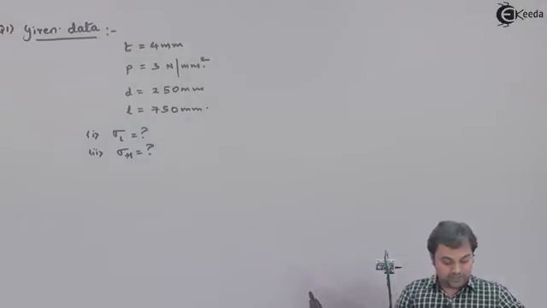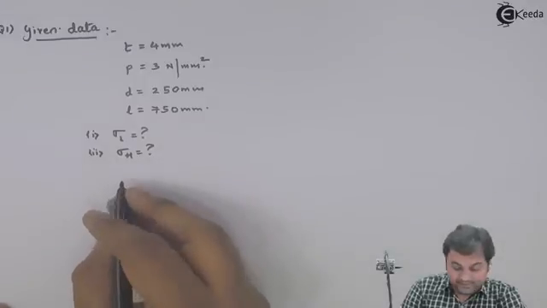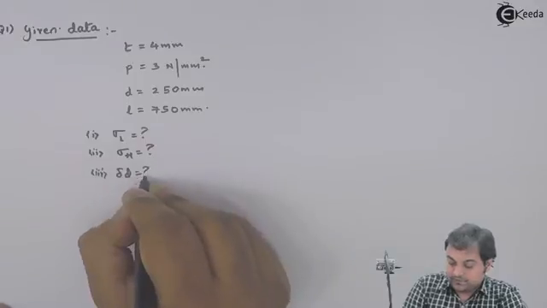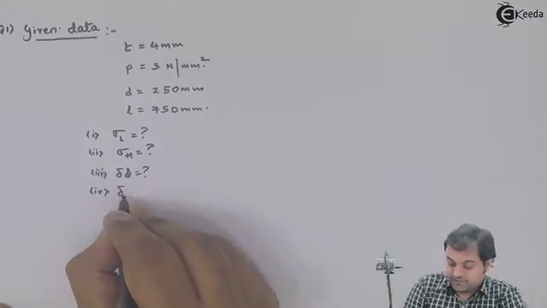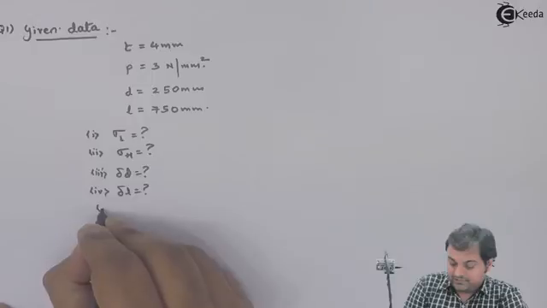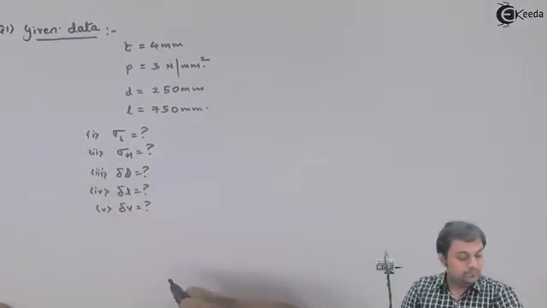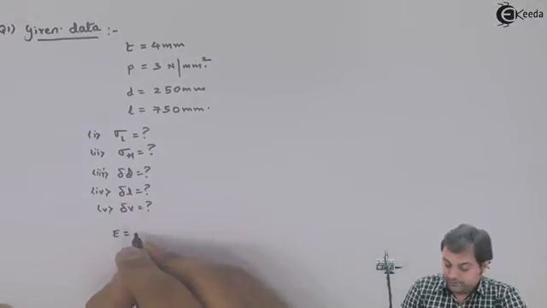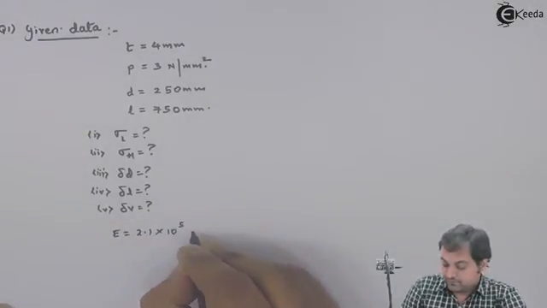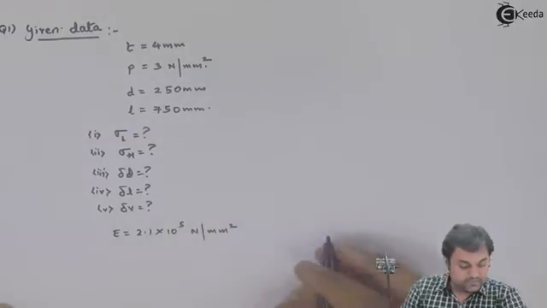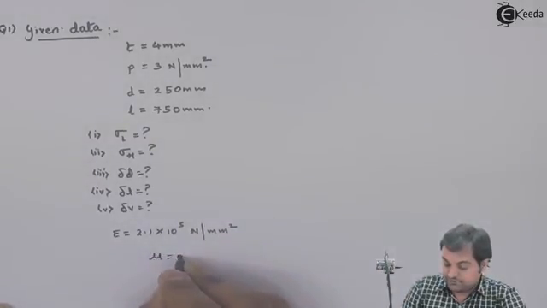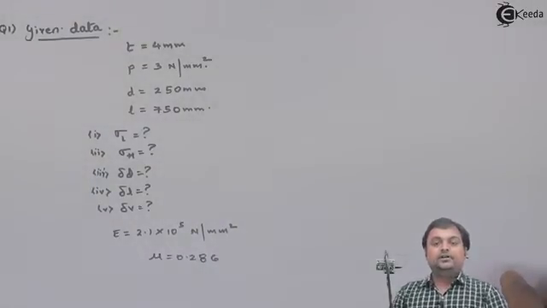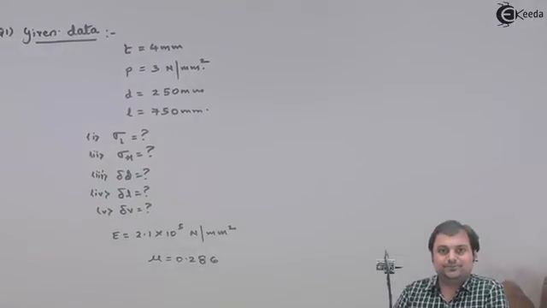So I have to find out how much is the change in diameter, I'll say that it is delta D. Next, how much is the change in length, delta L, and the change in volume. Here they have given Young's modulus 2.1 into 10 raised to 5 Newton per mm square and Poisson's ratio mu is equal to 0.286. So with this data available, let us try to get the solution for this problem.